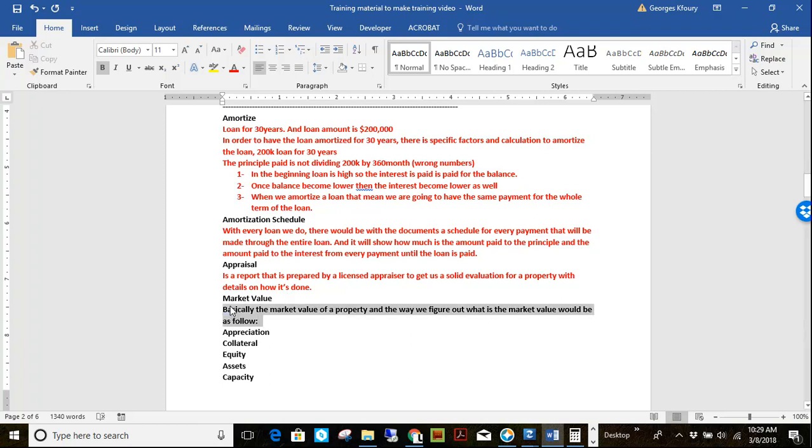Let me change the color first. One, we check for all the homes that are sold within a one mile radius from the property that we need a value for.